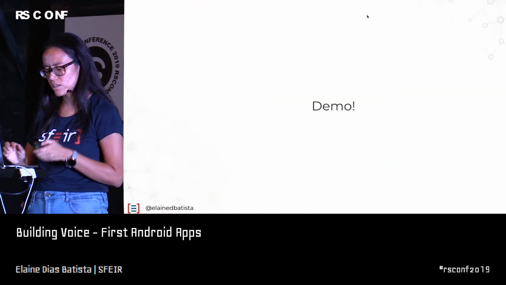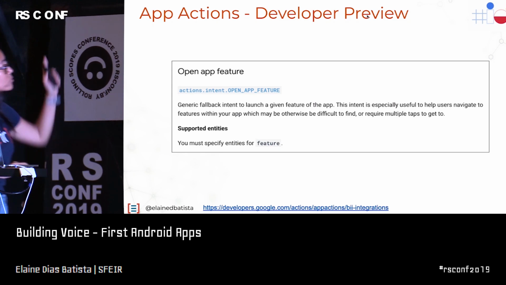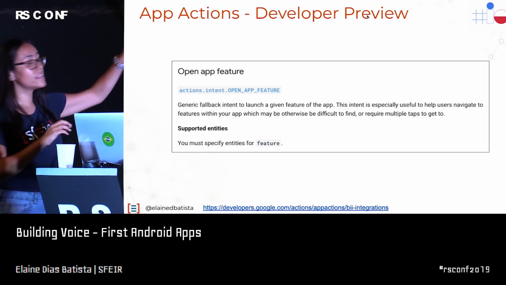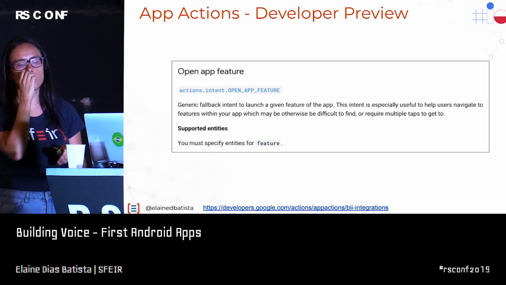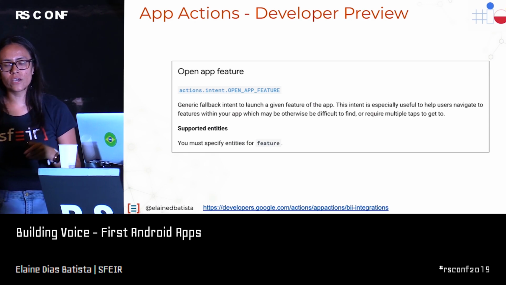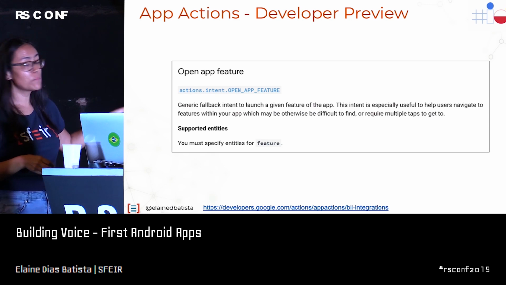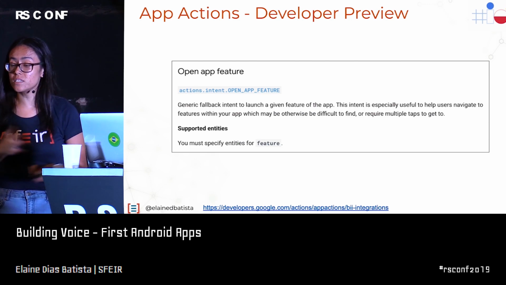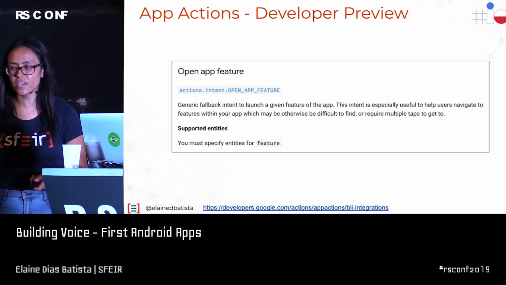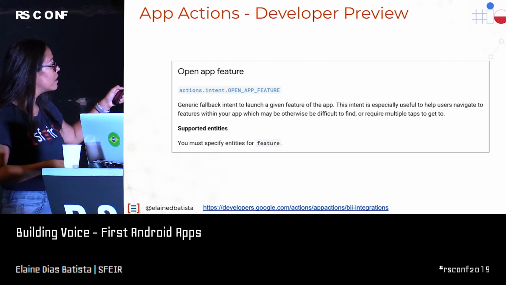I'm going to be talking really quickly about this feature here that has not been announced at Google I/O, but if you read the docs, you can see that there is the open app feature that is really cool, because it means that basically every developer can start integrating with app actions today.